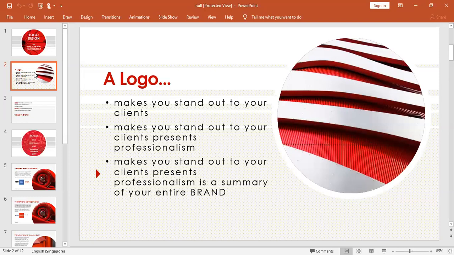What is a logo? It makes you stand out to your client. That means when you have two or three clients or more than that, say you have taken photographs of events, more than 10 to 15 shoots, that means you have 10 to 15 clients, right? When you have more clients, they will know that you have taken that picture.